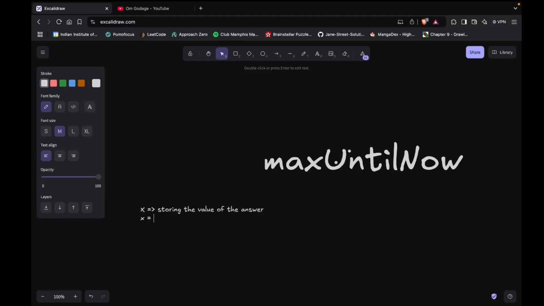So what you will do is simply x equals x into 10 plus max until now. So at the very start, x will be set to 0. So 0 into 10 will give you 0, and max until now in our case will be 4. So this will be 0 plus 4, which will give you 4.